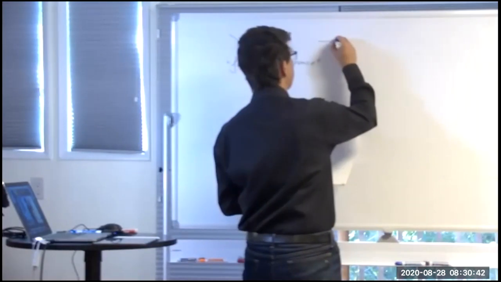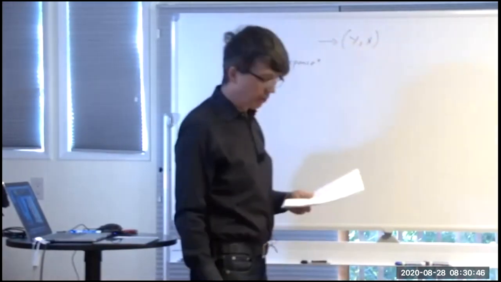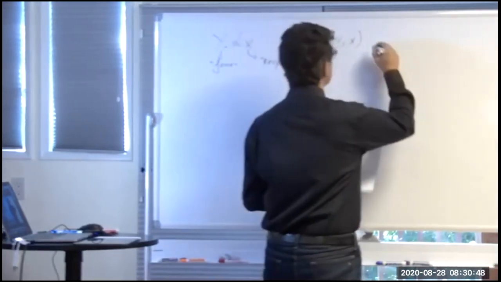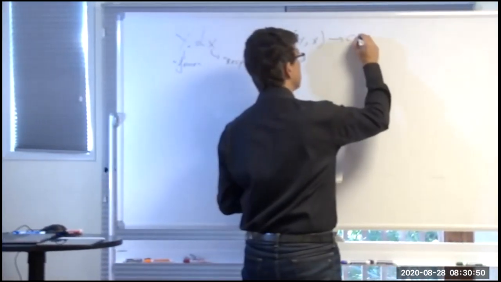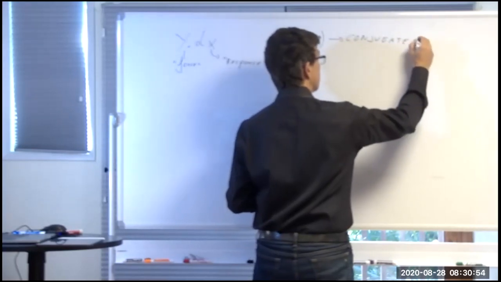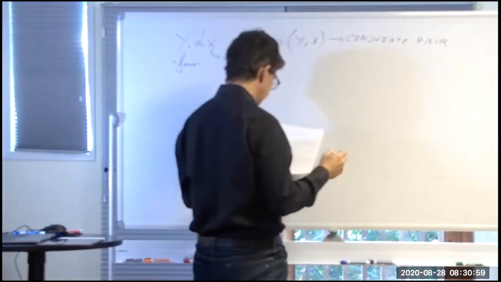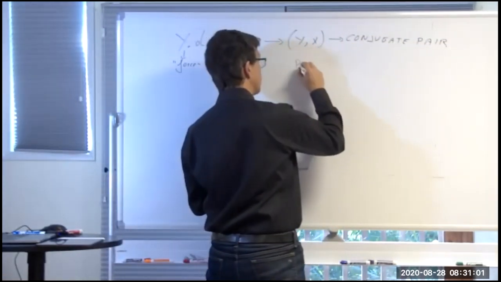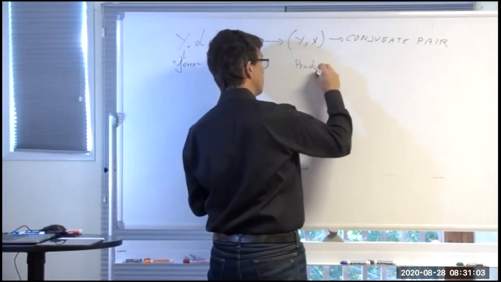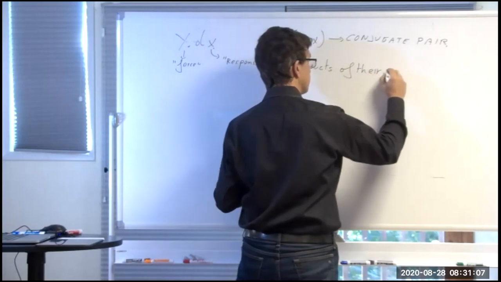A pair of variables, y, x, that appears in a work differential, this is called a conjugate pair. And the product of their units is the unit of energy.